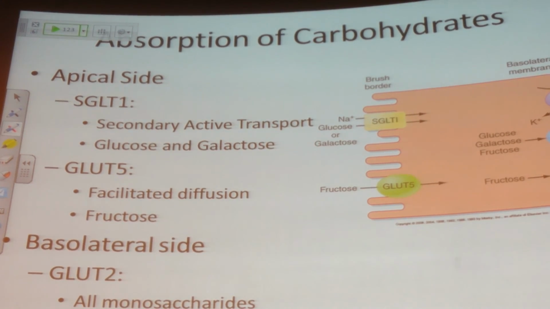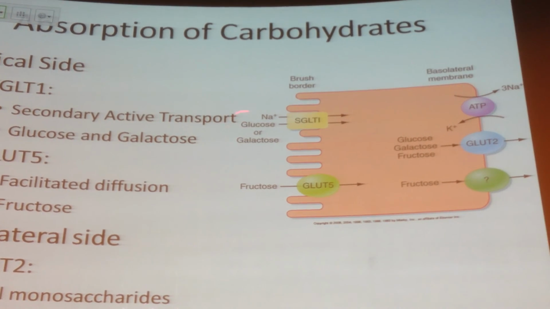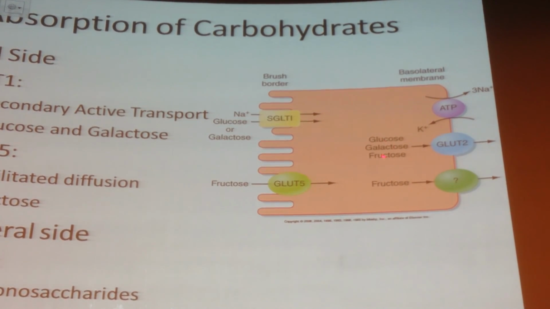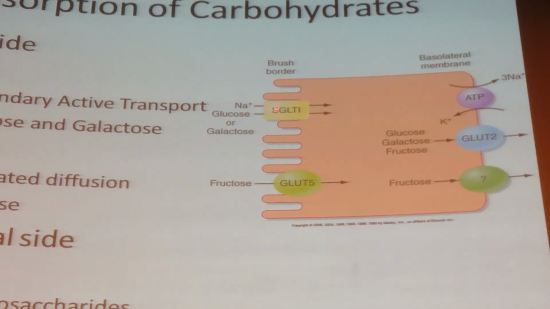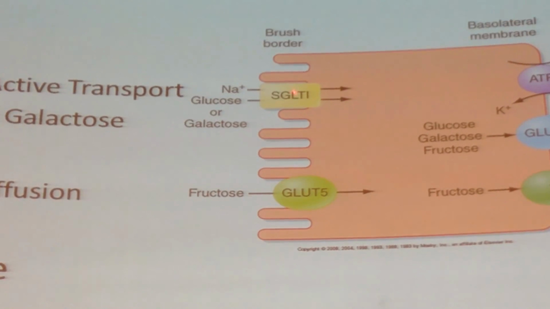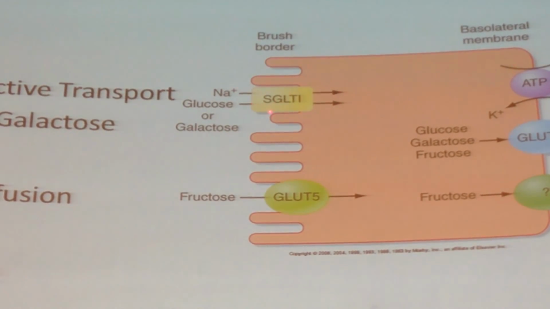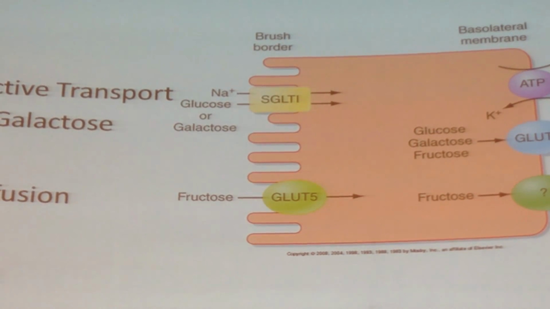If you look at the transporters expressed here, the first step is going from the lumen into the cell. There you find the sodium glucose transporter 1. This is a very important transporter for glucose, as well as galactose. It's not for fructose.